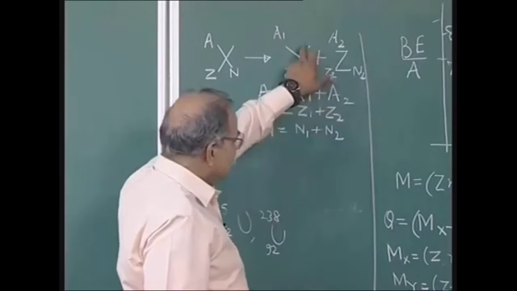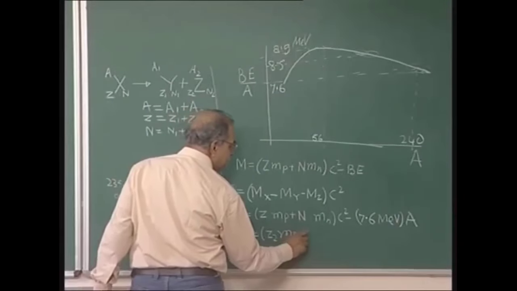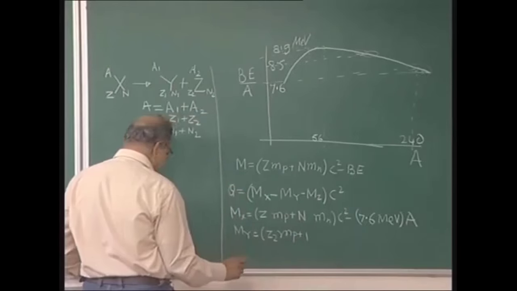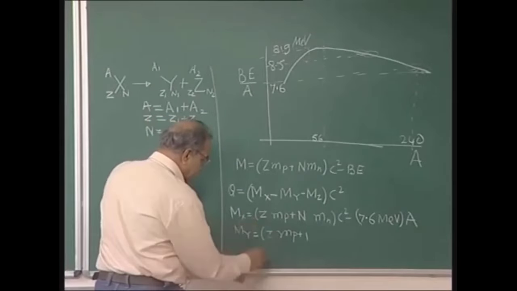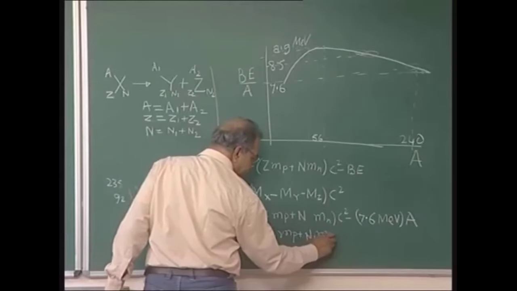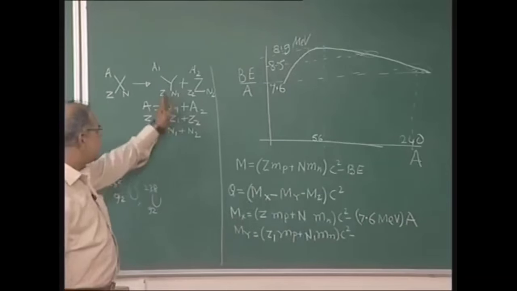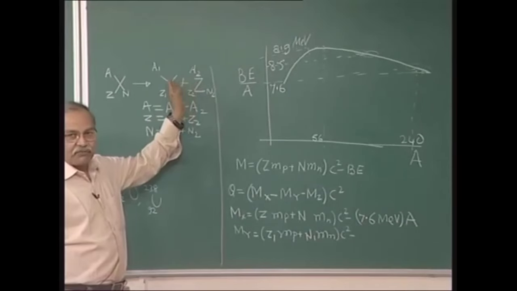So, for this nucleus Y, it will be Z1 times MP plus N1 times Mn, C square and minus. Now, this Y and Z have roughly equal masses.